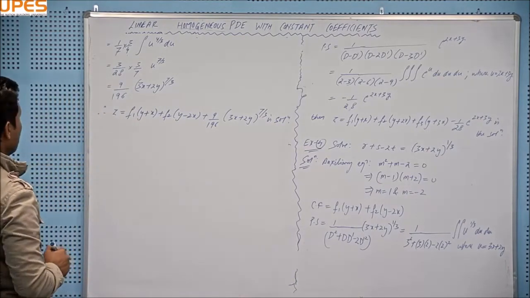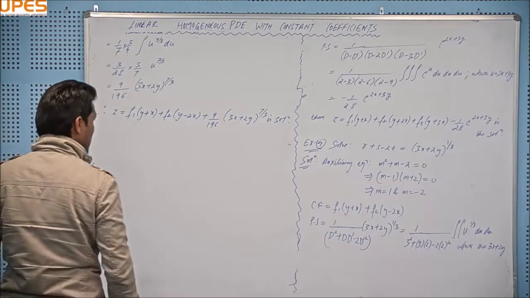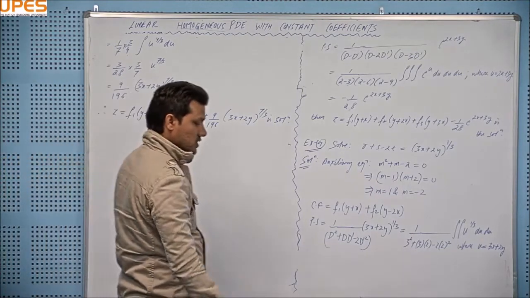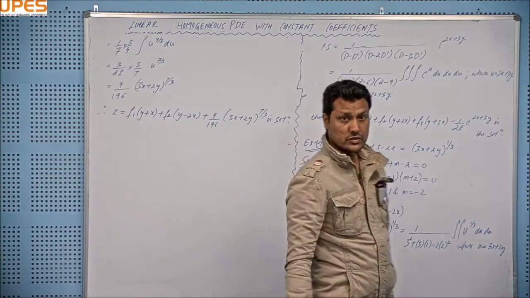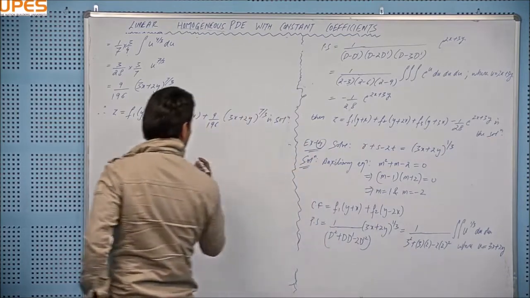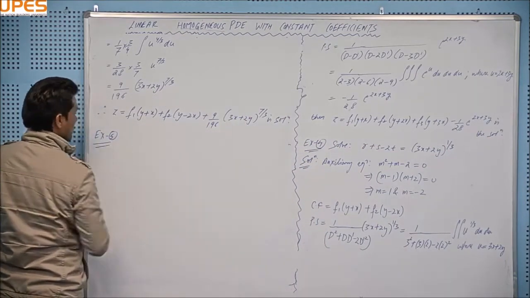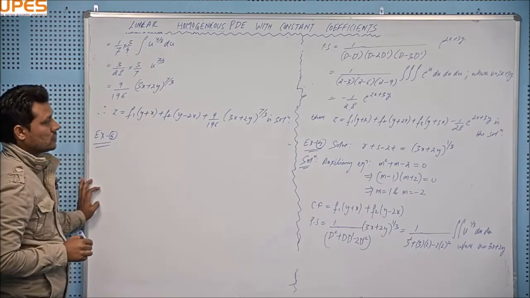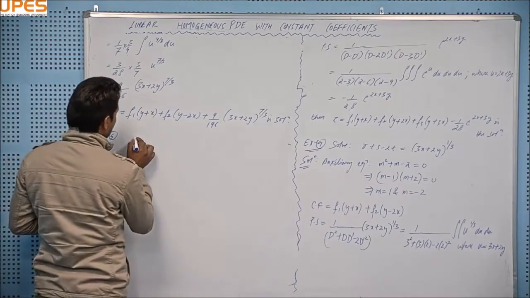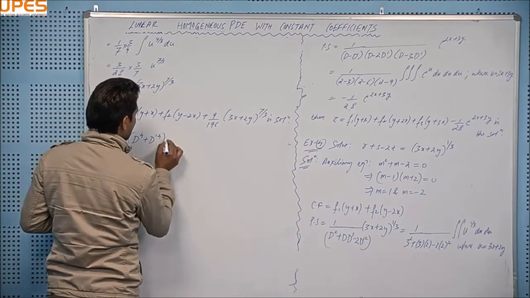Okay, so far we have done 4 cases, where the right hand side is ax plus by, or we can say it is simply a pure function of x or a pure function of y. Let me take example number 5, where we will be dealing with d to the power 4 plus d dash to the power 4 on z.